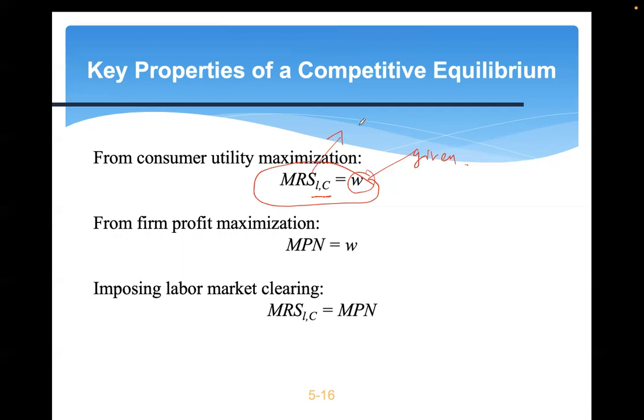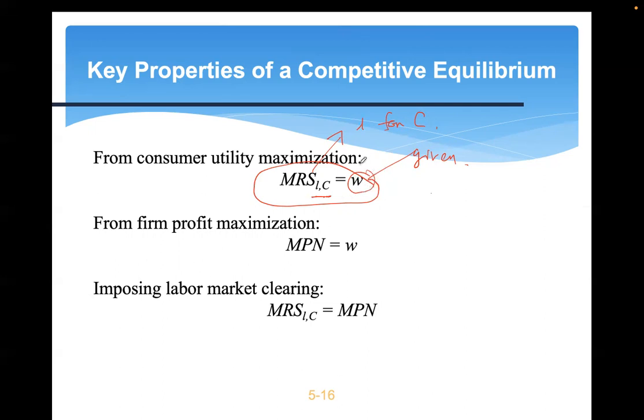It's the rate at which the consumer is willing to substitute L for C, or in other words, give up L for C, must equal the wage.